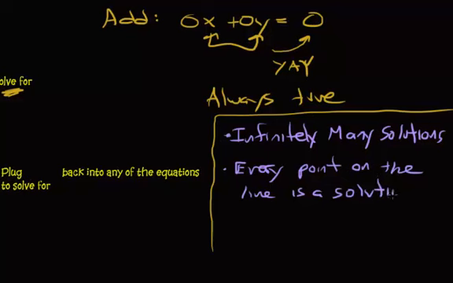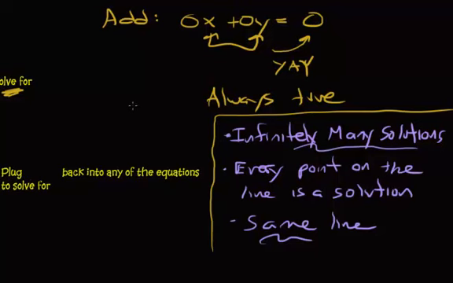And why is that? Because infinitely many solutions meant that they were the same line. And a solution is where they intersect each other, so they intersect at every single point, because they are the same line. All right, so that's using the addition method on no solutions and infinitely many solutions.